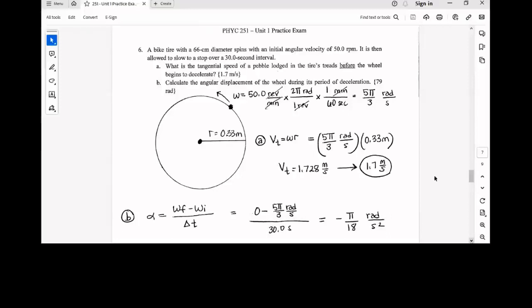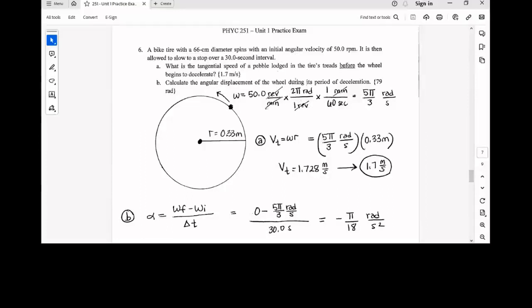Okay, so we can start with the angular velocity that we're given. It's in RPM, or revolutions per minute. And in order to figure out what the tangential speed is in meters per second, which is the SI unit that we want, we can start by just converting 50 RPM into radian per second.